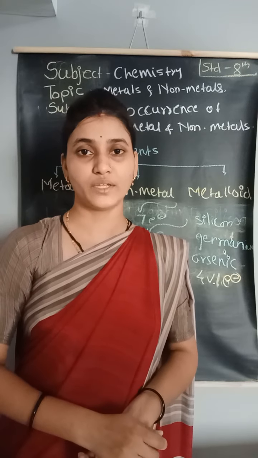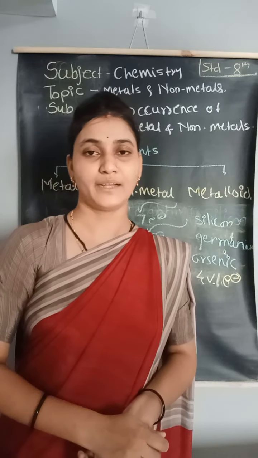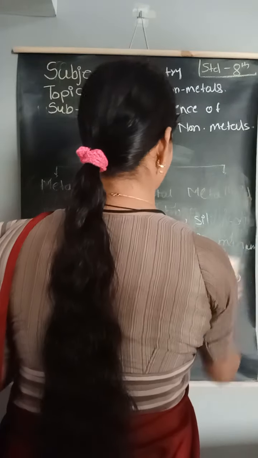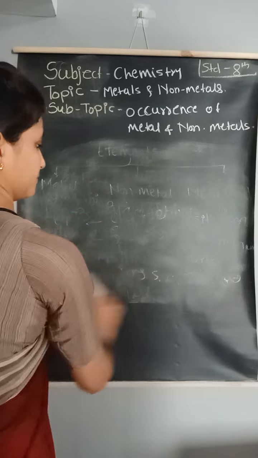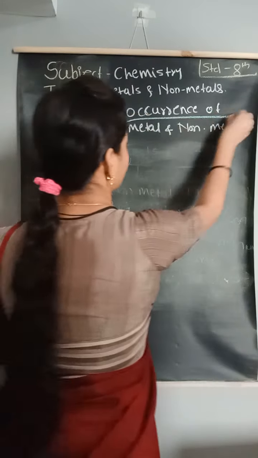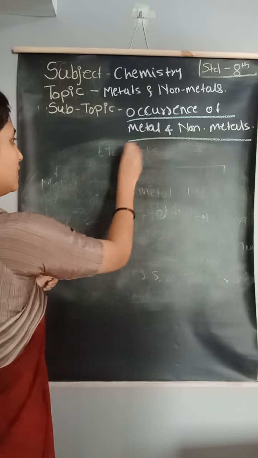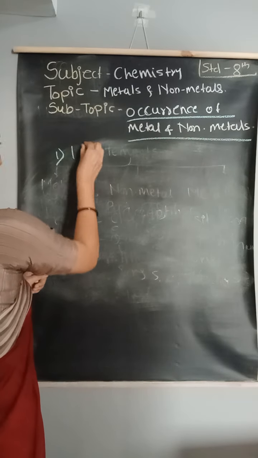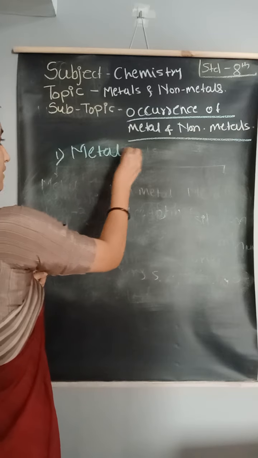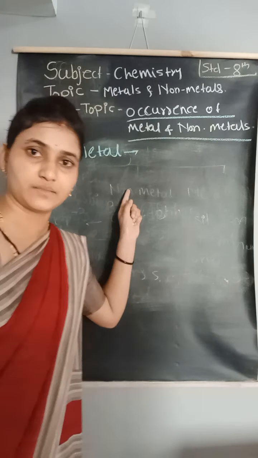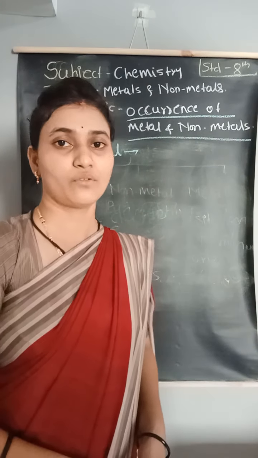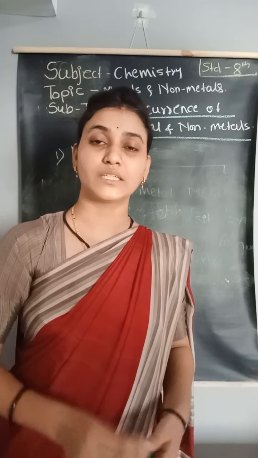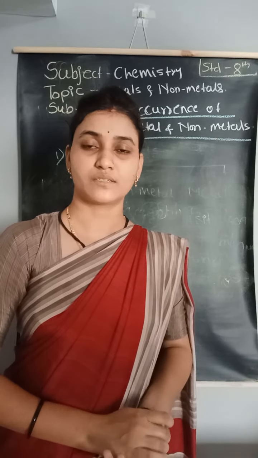Now we are going to see the occurrence of metals and non-metals. First, we will see the occurrence of metals. In nature, most metals are found in a combined state as minerals.